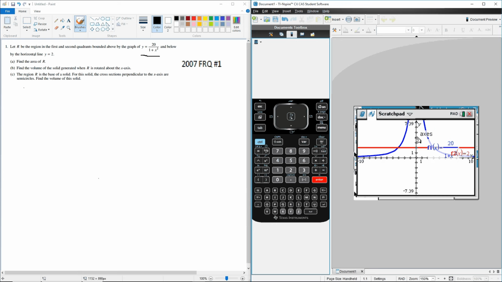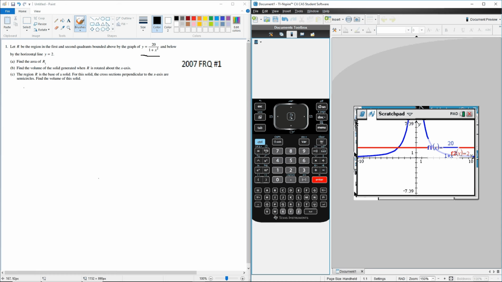And notice that f1 of x does have a vertical asymptote at x equals 0, but because they do approach x equals 0, we can find an area using calculus. So it says to find the area of this section.